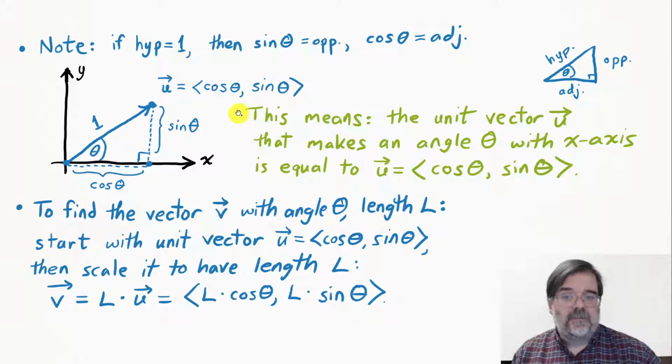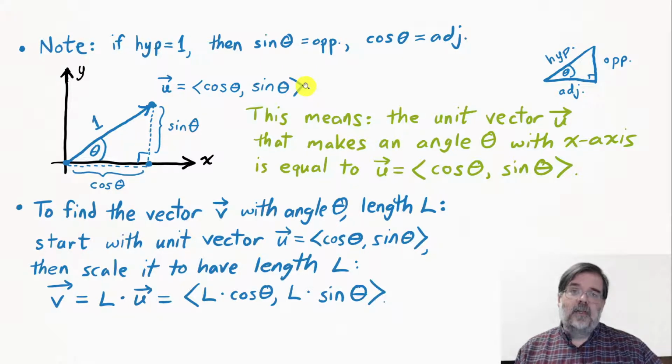What this means is that the unit vector, which we'll call u for unit, the unit vector u that makes an angle theta with the x-axis is equal to, vector u is cosine theta, comma, sine theta. Right, this point right here is cosine theta, sine theta. Now, why is this so useful?